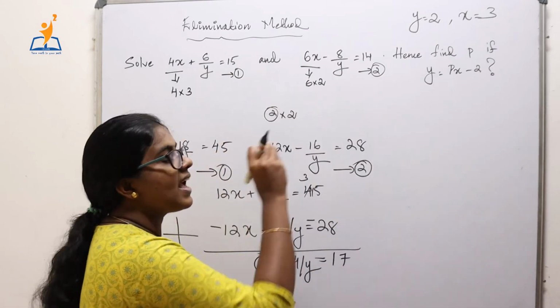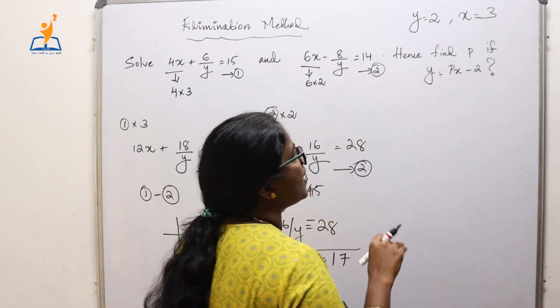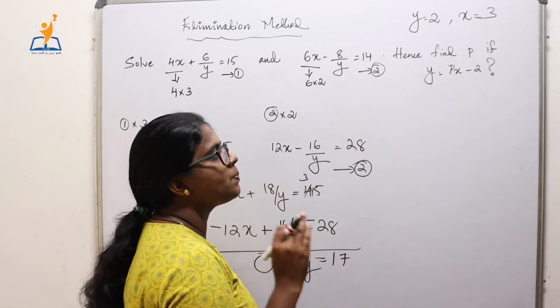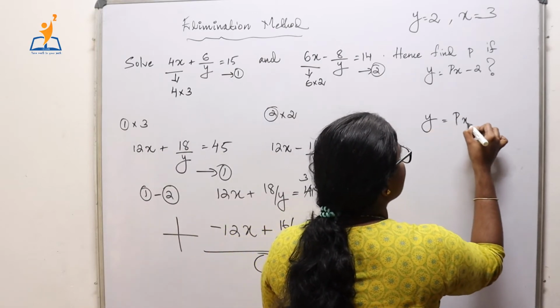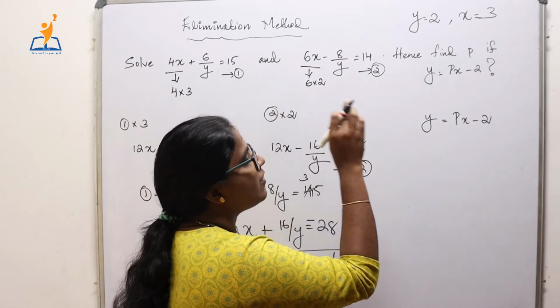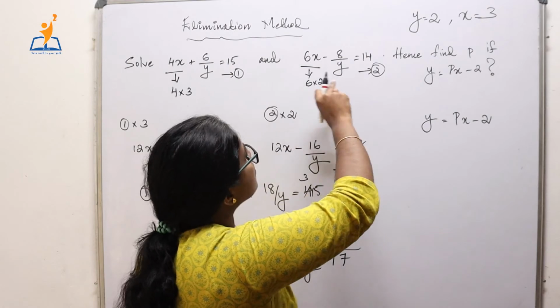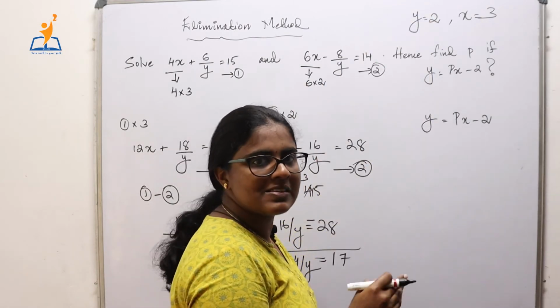Now something extra is asked of us: find the value of p if y is equal to px minus 2. We are asked to find the value of p if the solution for this pair of linear equations is y equals 2 and x equals 3.